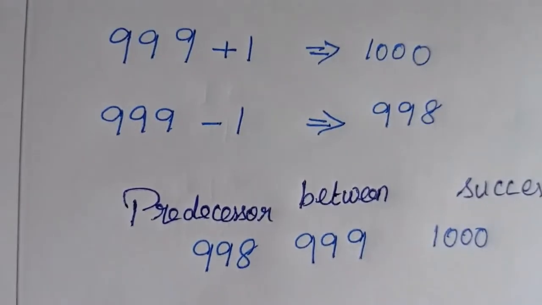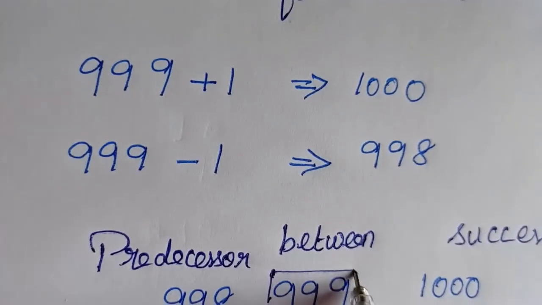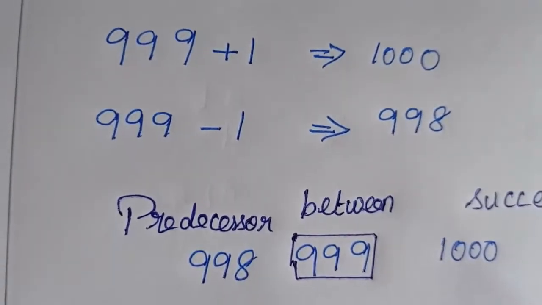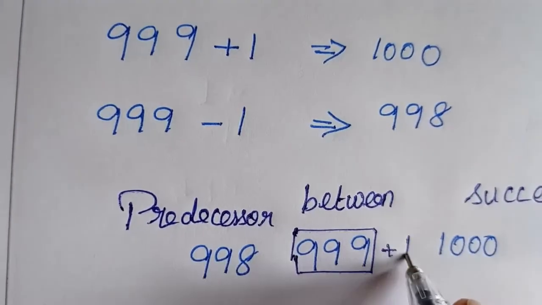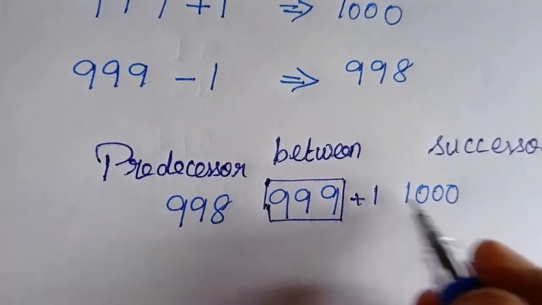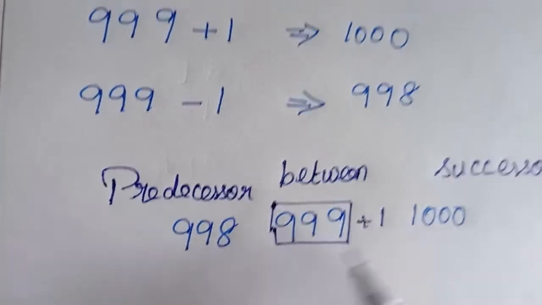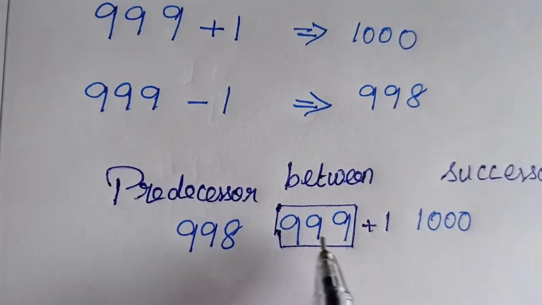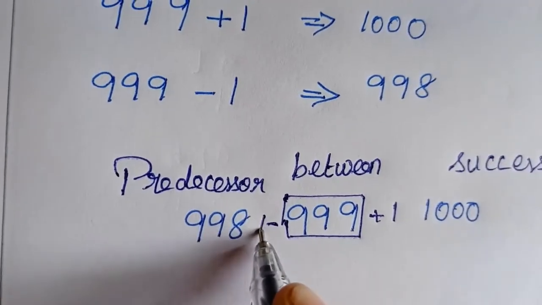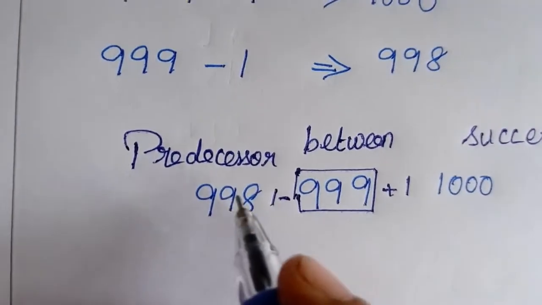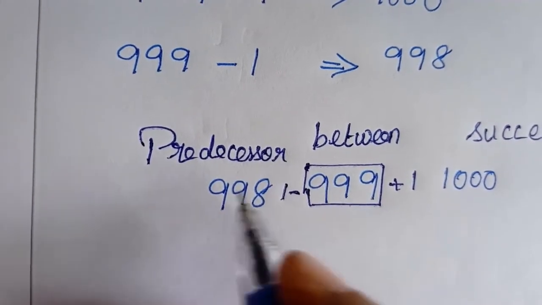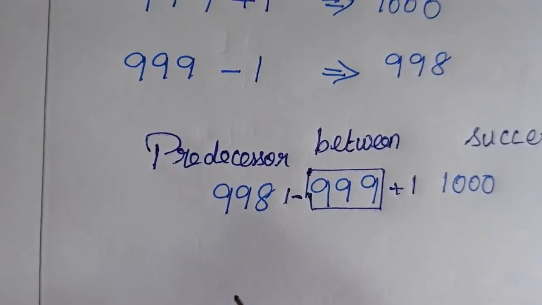If you want to find the successor of this number, add 1, so you get 1000. If you want to find the predecessor of 999, subtract 1, so you get 998.